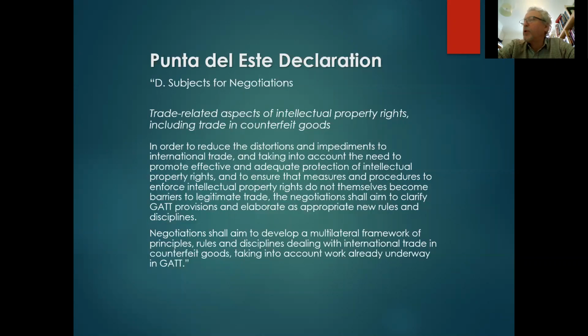Economists, some of the world's best economists, have applied their thinking to this and still don't really have a definitive answer. Okay, it goes on to ensure that measures and procedures to enforce intellectual property do not themselves become barriers to legitimate trade. Well, how can that happen? How can enforcement become a barrier to legitimate trade?